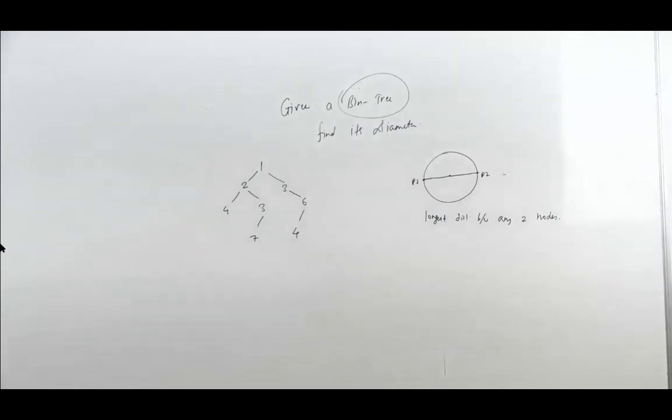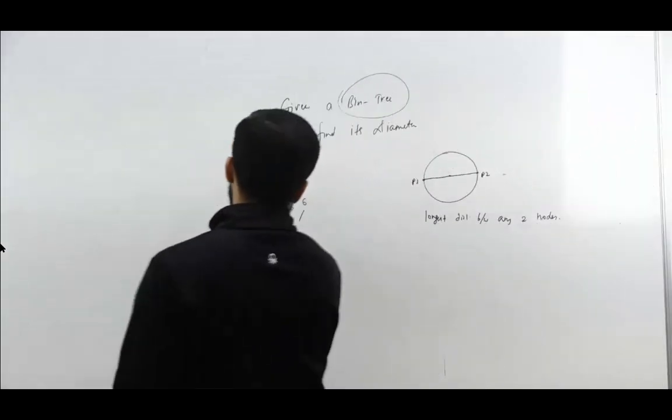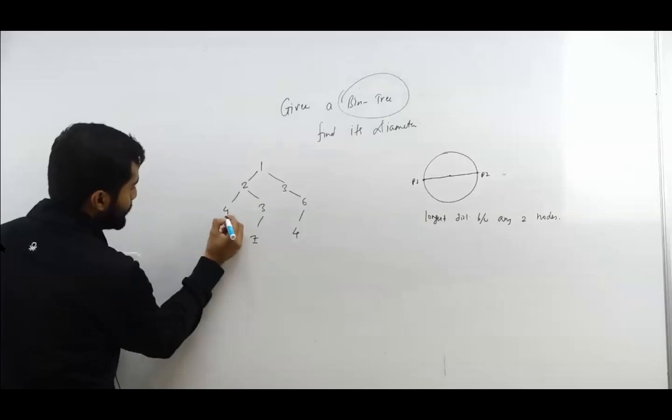Okay. Some of you are saying that the diameter is 3. Some of you are saying that it is 7. So tell me, what are the 2 nodes which you are considering? Which 2 nodes have the largest distance between them? 7 and 4. Okay, let's take this 7 and this 4.